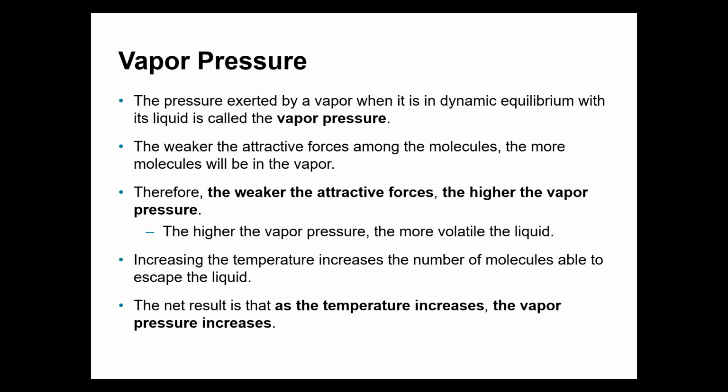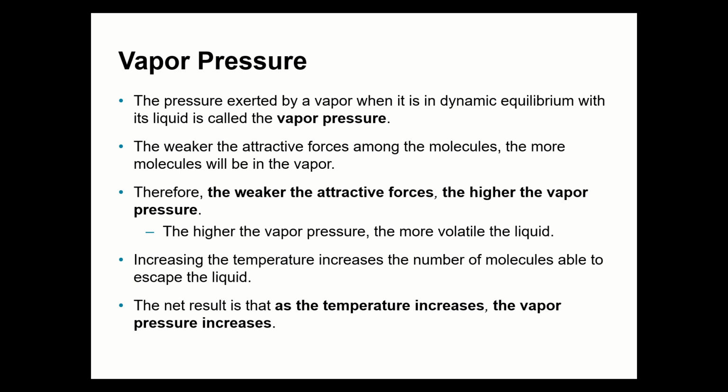Okay, so when the pressure exerted by a vapor is in dynamic equilibrium with its liquid, we call that vapor pressure, or the pressure exerted by that vapor when we're at dynamic equilibrium. Okay, the weaker attractive forces that you have, the higher the vapor pressure is going to be.